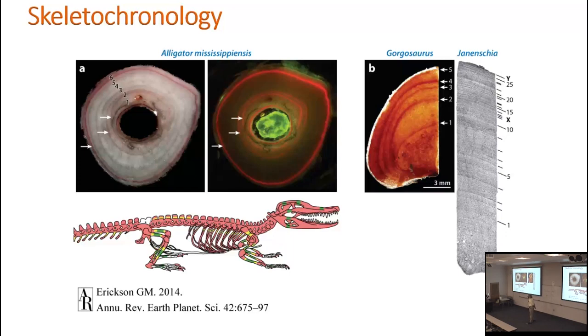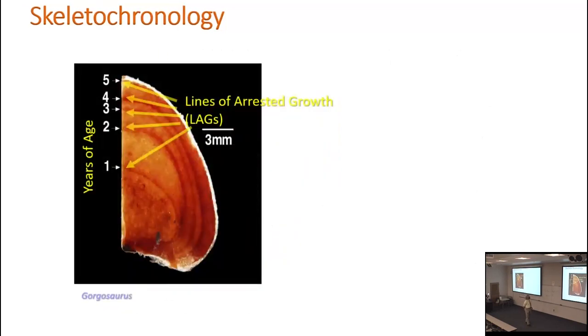Now, that's a simplistic way of looking at it. You have to accommodate the fact that bone is a living tissue, that it modifies, that parts of it get resorbed. We'll talk more about that next week. And so some allowances have to be made. Not all bones mark the growth rings equally well. You want to sample multiple bones for every individual. But in broad strokes, you cut open a bone, you count the growth rings, and it tells you how old the animal was at the time of death.